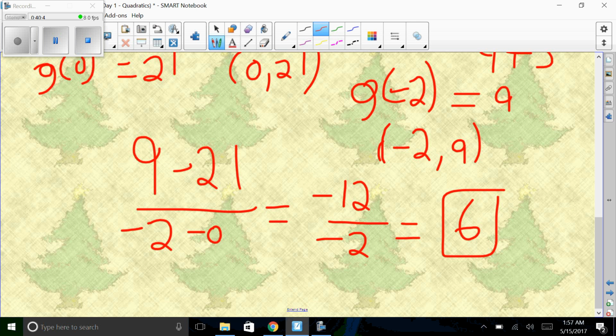But it wants us to see which one's greater between negative 2 and 0 or 0 and 2. So that's the rate of change for 0 to negative 2.